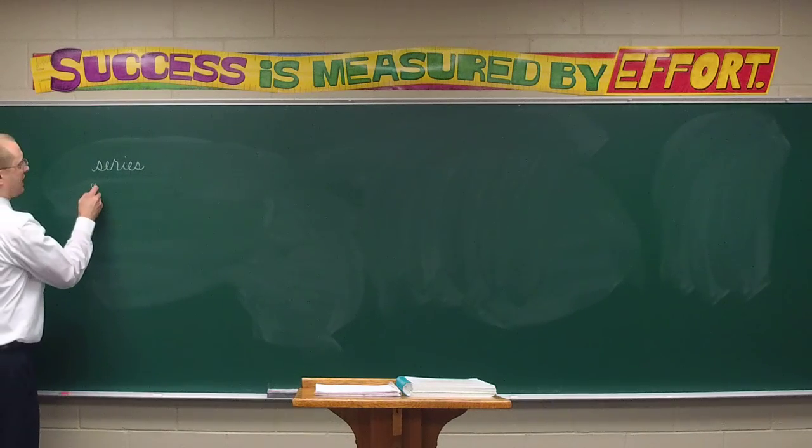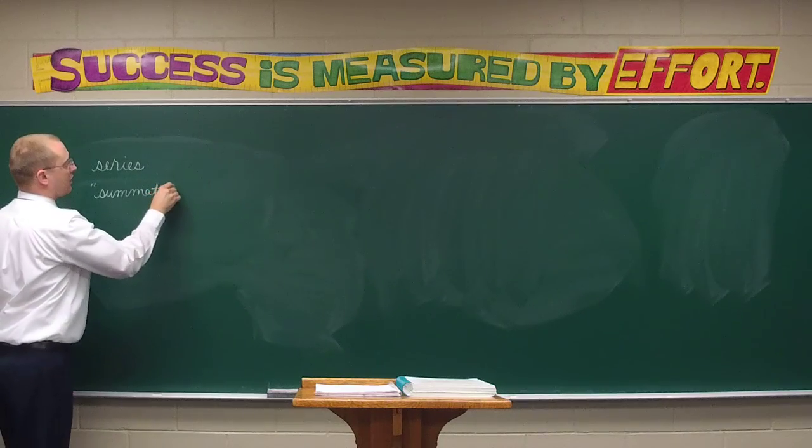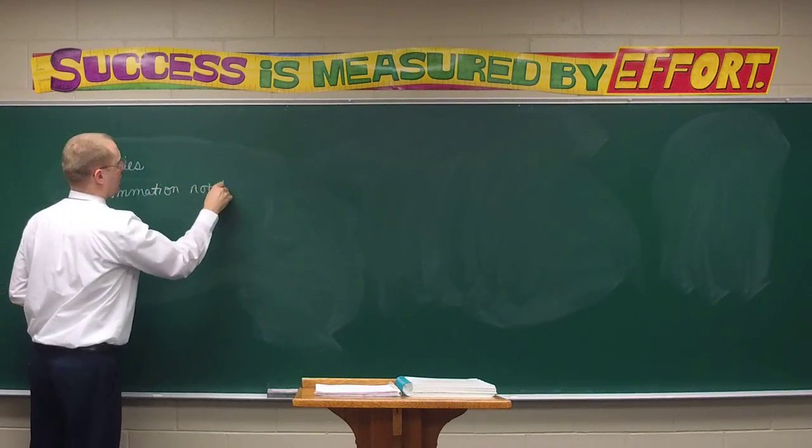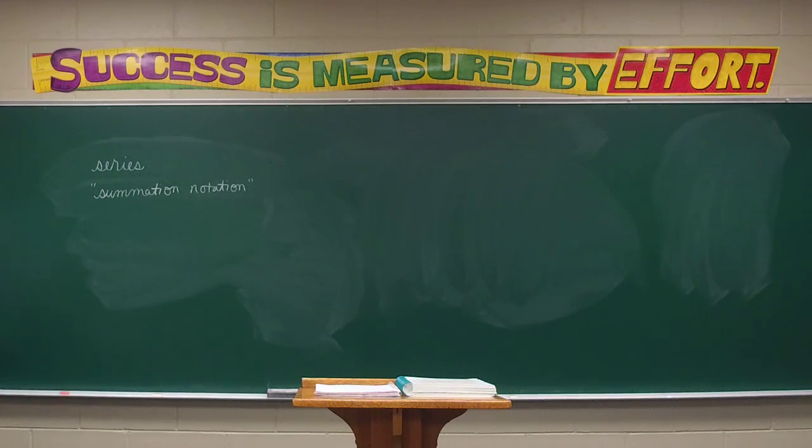We're going to use something in a series called summation notation. Notation means the way something is written. Summation refers to adding. So it's a way we write that we are adding stuff, but we're not going to use a plus sign.